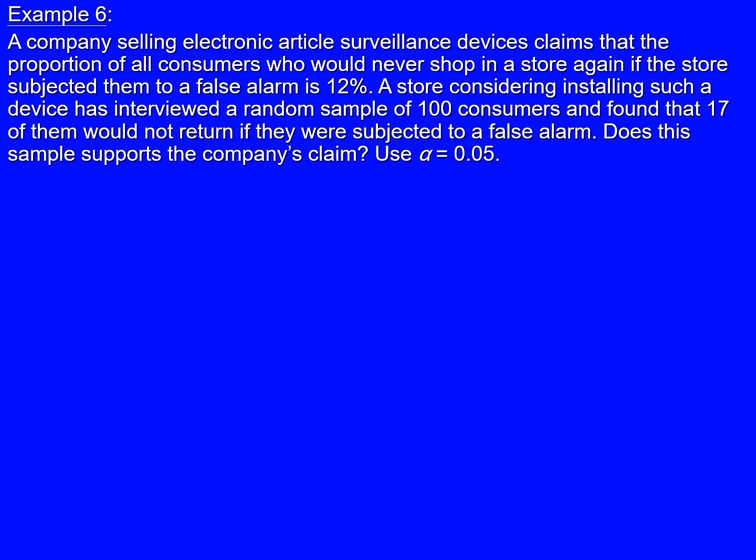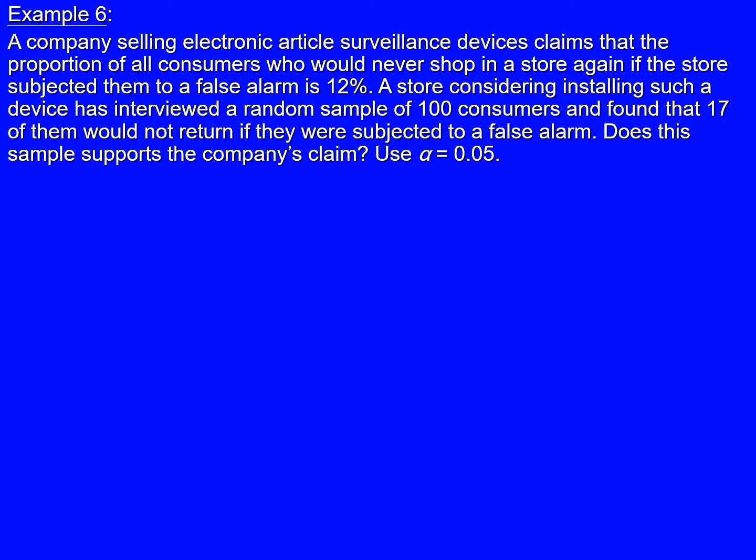What is the company's claim here? That the proportion of all consumers who would never shop in a store if the store subjected them to a false alarm is 12%.